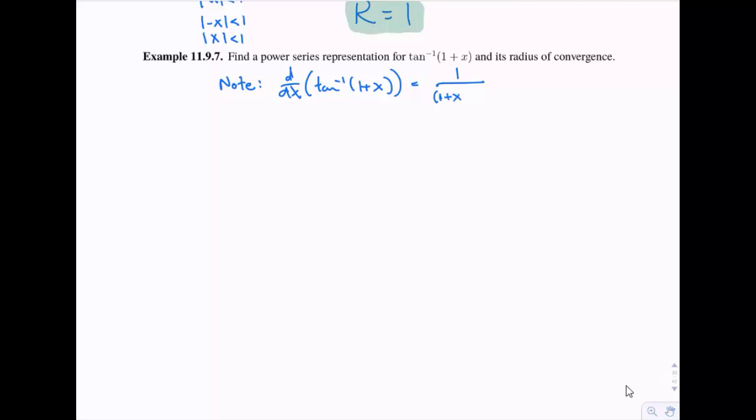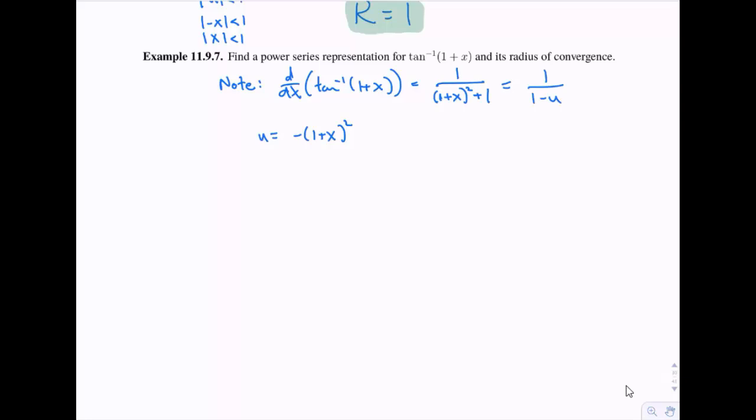So if I take the derivative, it's going to be 1 over 1 plus x quantity squared plus 1. So, again, I want to try to represent this as 1 over 1 minus x. So given that, it makes sense that u should be negative 1 plus x quantity squared. Then I get my 1 over 1 minus u.